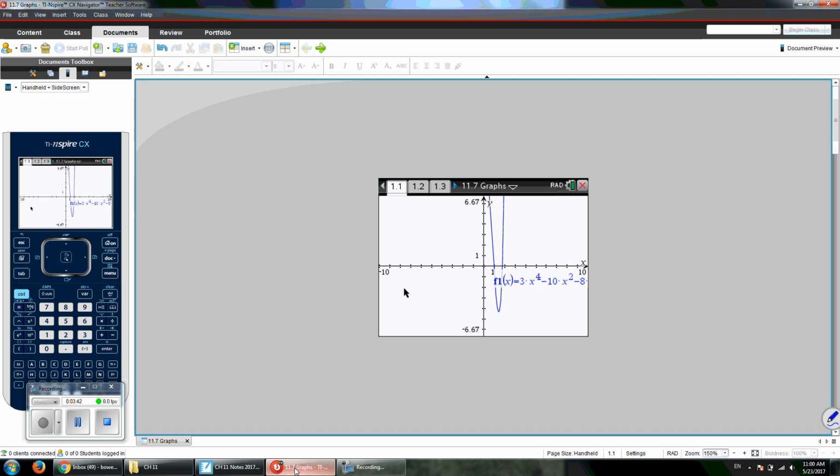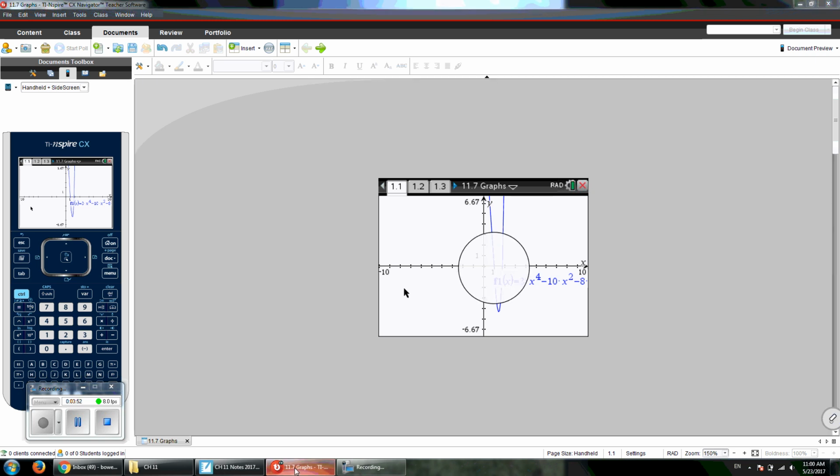Okay, so if you graphed this correctly, you should have gotten a graph that looks like this. So what you can see is it crossed the x-axis twice right here. It crossed at 1, and it crossed somewhere else. I want you to go ahead and find that decimal of where it crossed.